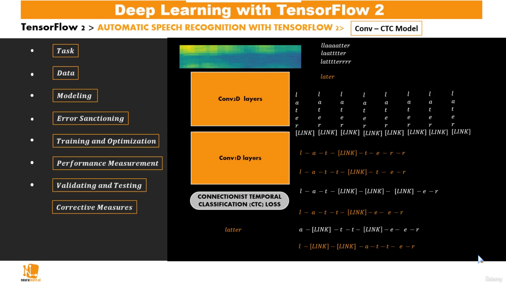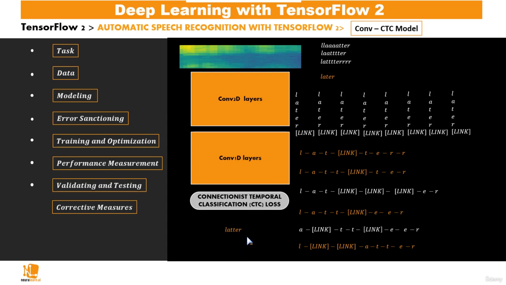So only these paths which are valid are considered when making the CTC loss calculation. Also notice that unlike other loss functions where we expect the output prediction by the model to have the same length as that of the target output, in this case we have this output by the model with a sequence length of 8. We have 1 2 3 4 5 6 7 8 positions, whereas the target has just 6 positions.